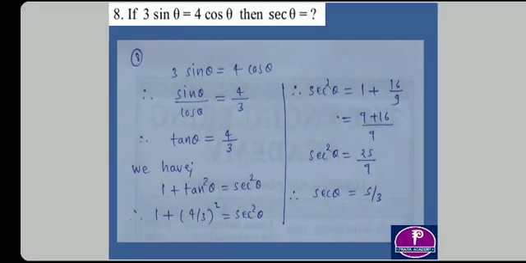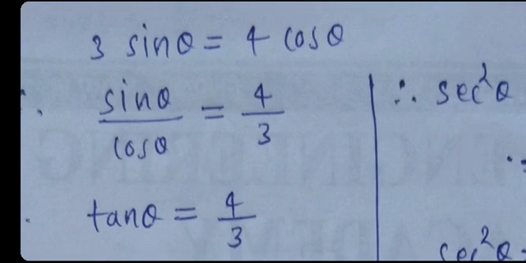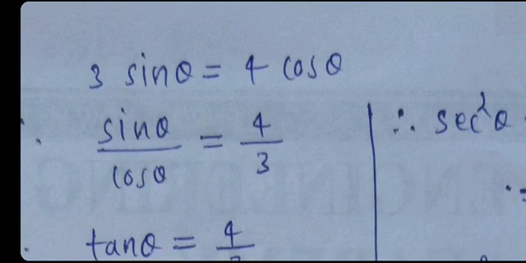Okay, next is: if 3 sin theta is equal to 4 cos theta, then what is the value of sec theta? So here it is given 3 sin theta is equal to 4 cos theta.